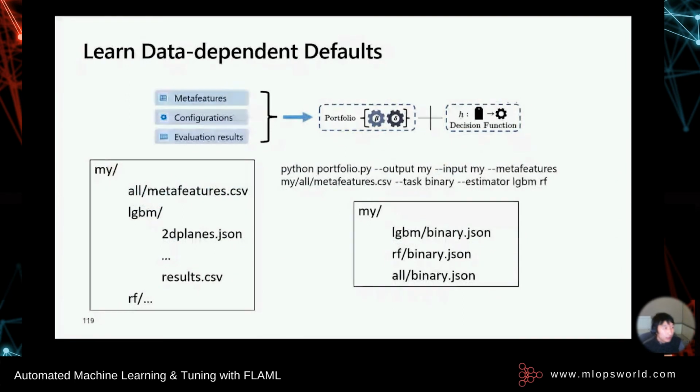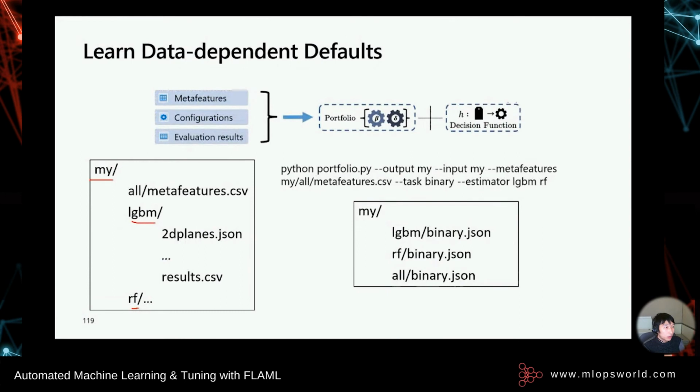To recap, the inputs required for meta-learning are meta features, configurations, and evaluation results. For example, if the input location is my, and the learners are LGBM and RF, random forest, the following command will learn data-dependent defaults for binary classification tasks.